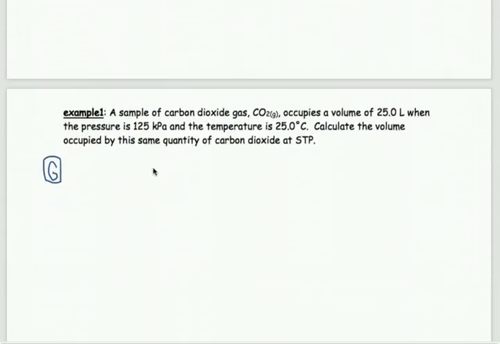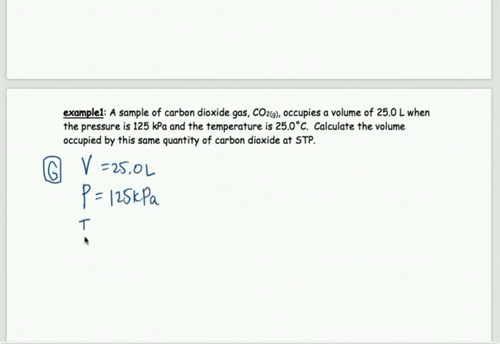Okay, so we're going to read through the problem, gather up all the things that are given, and then figure out what it is we need to find, okay? So we have a sample of carbon dioxide gas. It occupies a volume. So we have a volume of 25 liters, okay? And when the pressure is 125 kilopascals, okay?